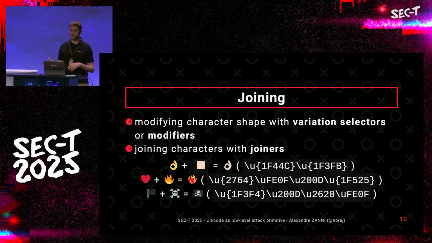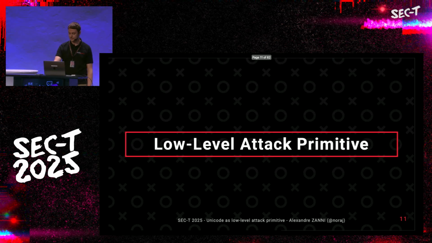For example, there are control characters like variation selectors, so you can take a hand, give it a color variation selector and get a hand with another skin color. Or you can take an emoji, for example the heart emoji, join it with a fire emoji, and you'll get the heart and fire emoji. I think you get it.